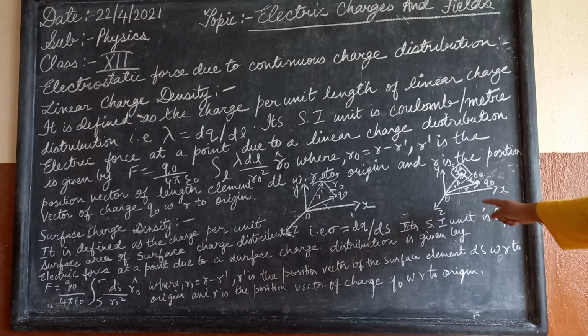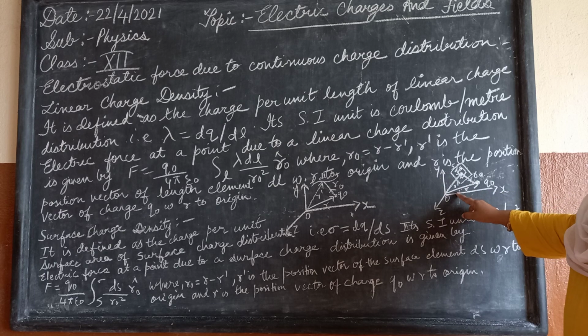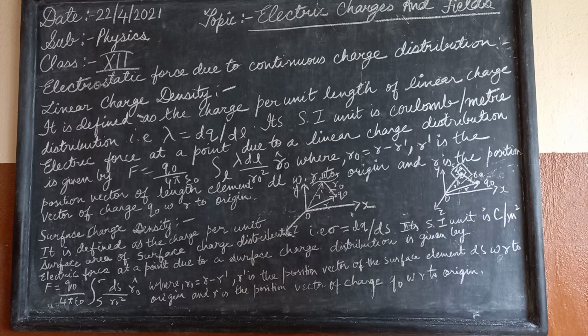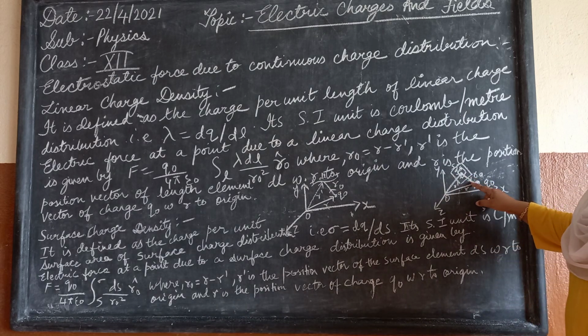Here we take an element ds on the surface S, and the point is q0. This will be r0 and this will be r dash.